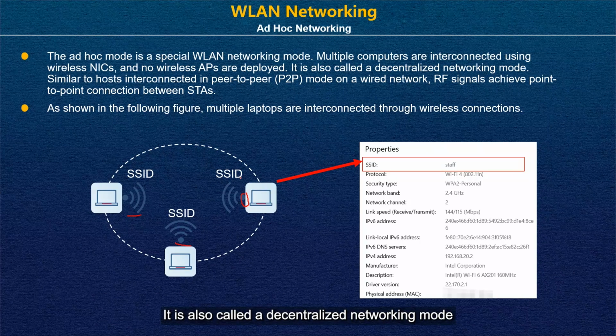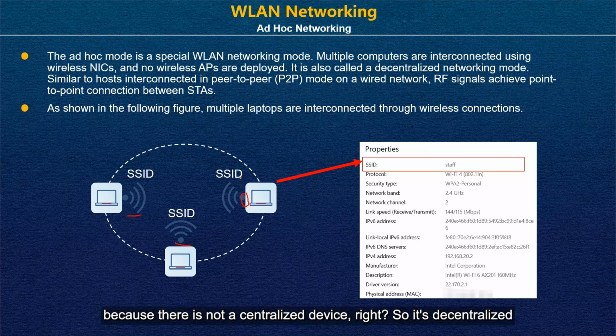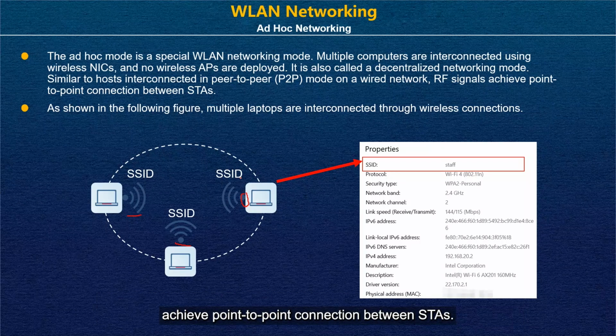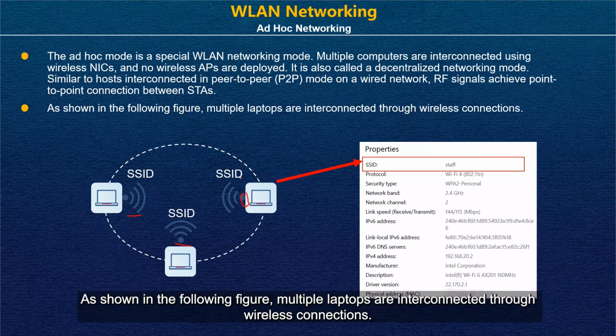It is also called a decentralized networking mode because there is no centralized device. Similar to hosts interconnected in P2P mode on a wired network, RF signals achieve point-to-point connection between STAs. As shown in the following figure, multiple laptops are interconnected through wireless connection.